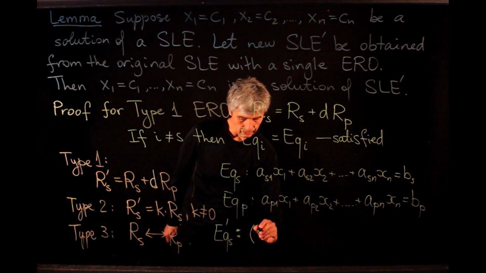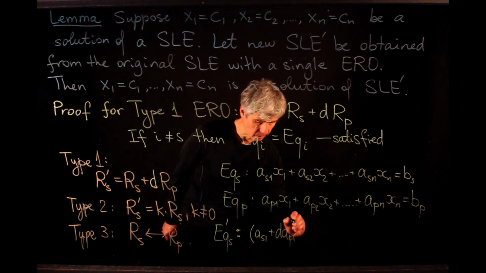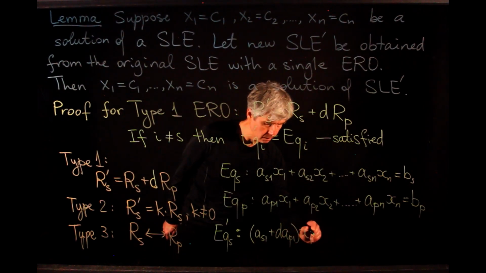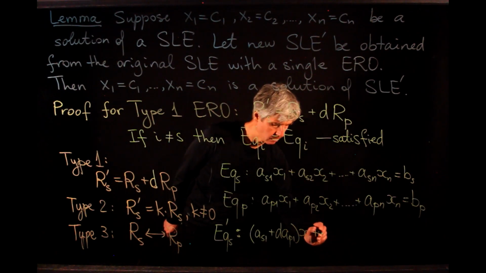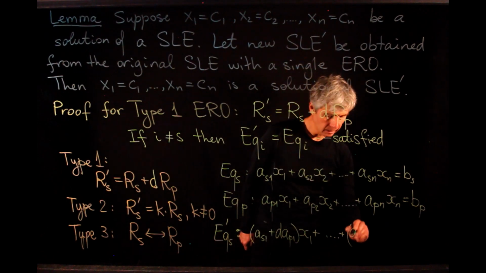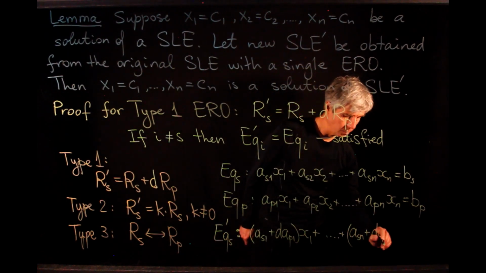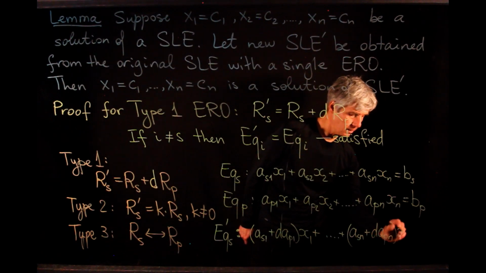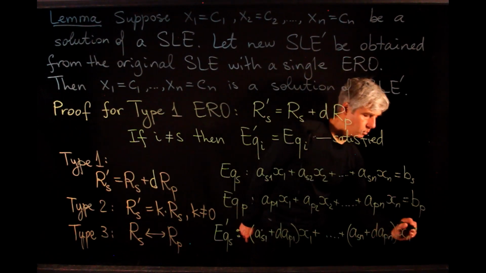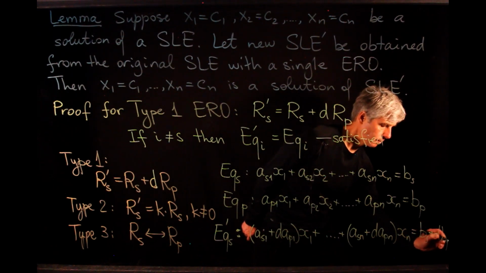It will be (AS1 plus D AP1) x1 plus ... plus (ASN plus D APN) xn, and is equal to BS plus D BP.